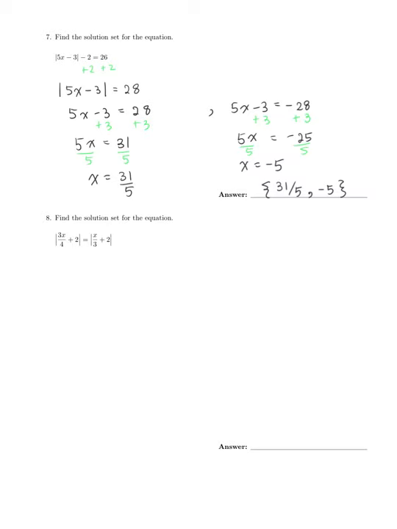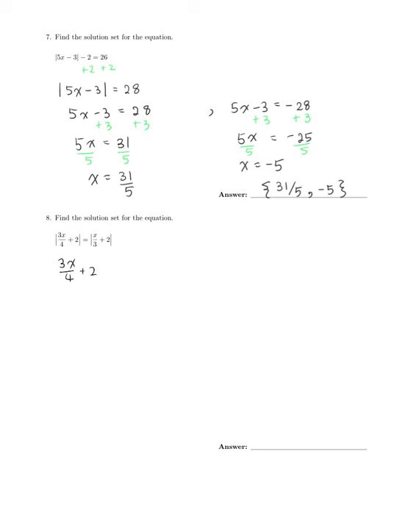Find a solution set for the equation. We are given 2 absolute values here. So in order for us to drop that absolute value, we're going to have, again, a positive side and a negative side. Now, it does not matter which expression you take to attach that positive or negative, but let me just do it this way. So I'm just going to keep 3x over 4 plus 2.